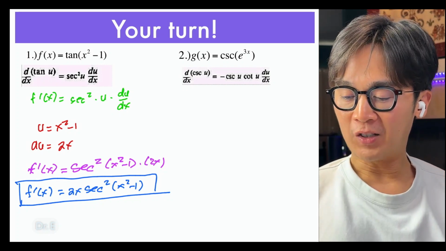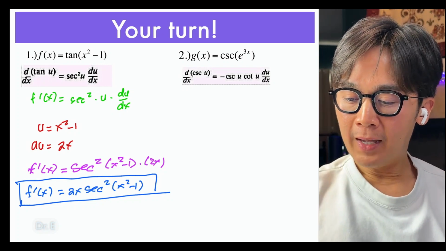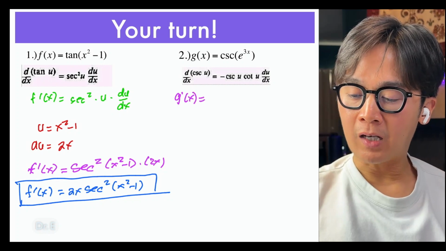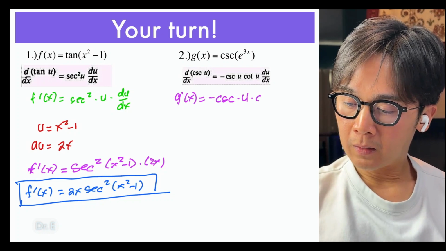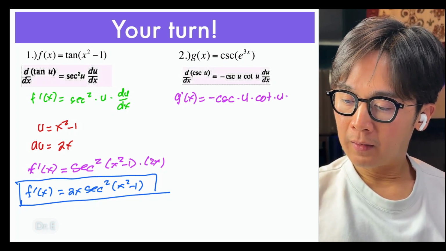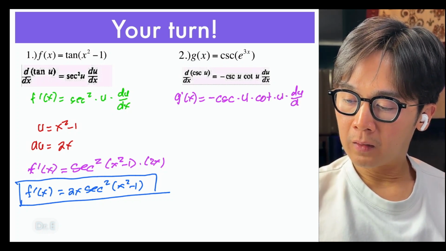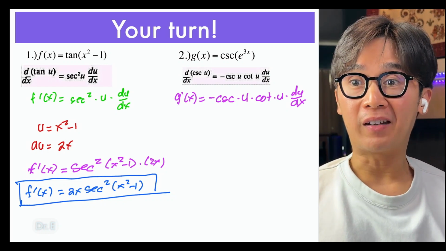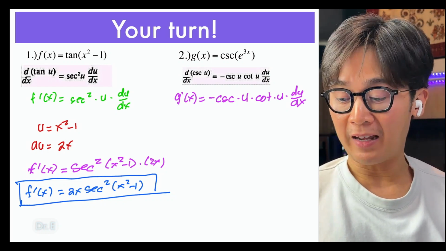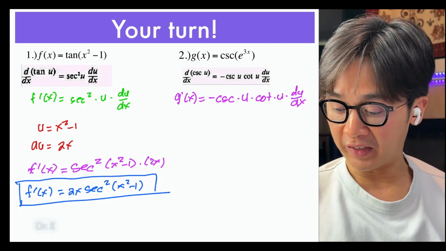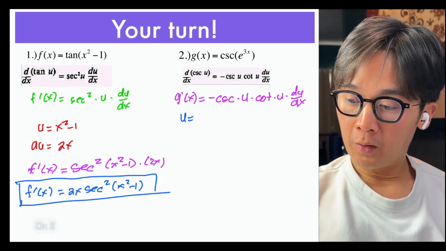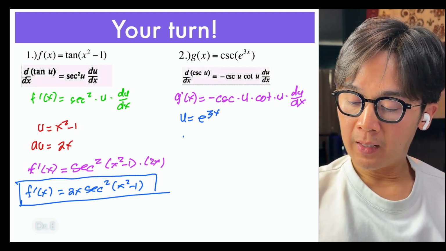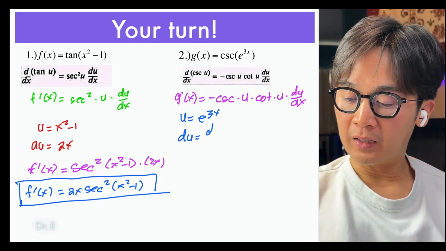So for the second problem, g prime of x is, copy the formula. Notice that I separate every term with a dot, which is basically factors, because all of these are just factors of each other. So now we'll find u, which is e to the 3x, and du is the derivative of e to the 3x.